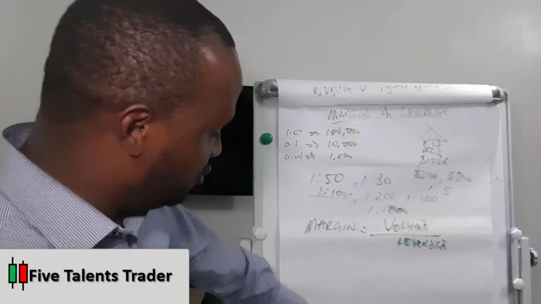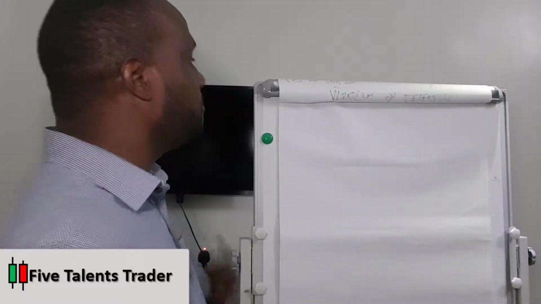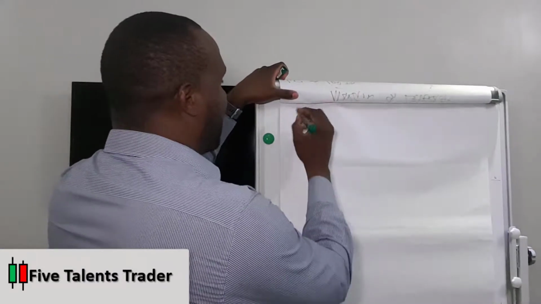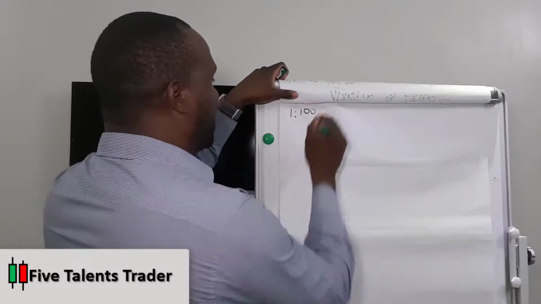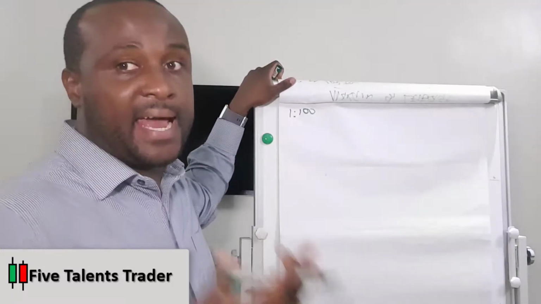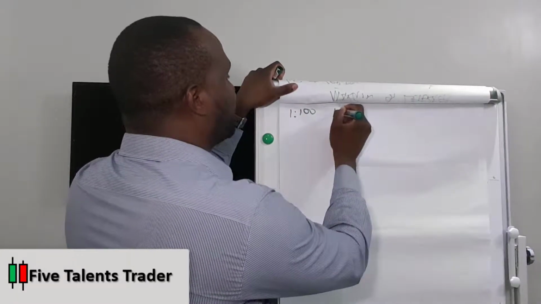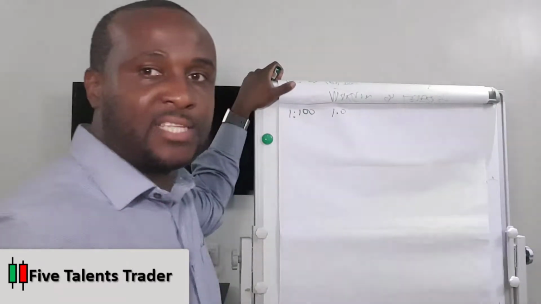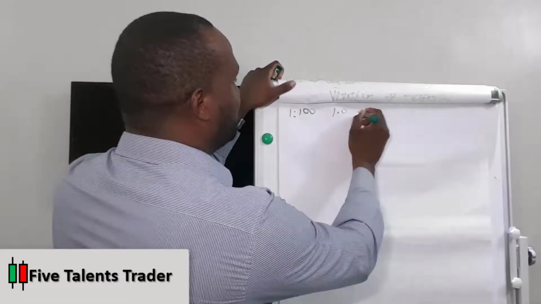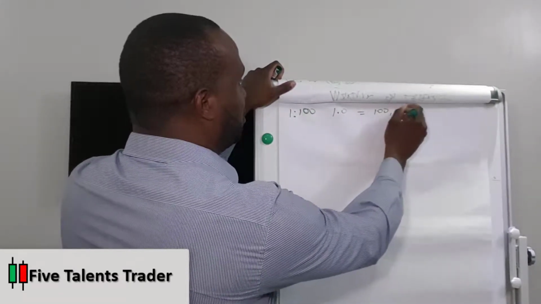And just using a very simple example, if I have a 1 to 100 leverage account and I'm thinking of taking a trade with one standard lot, that one standard lot is equivalent to 100,000 units.